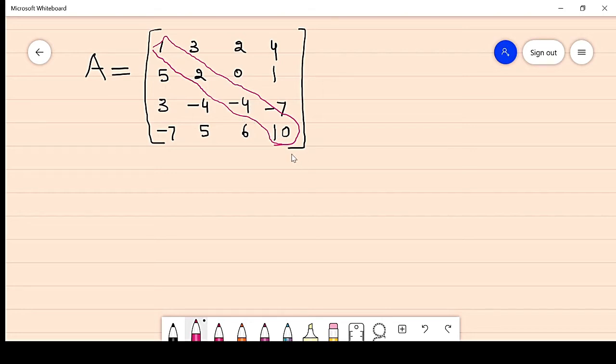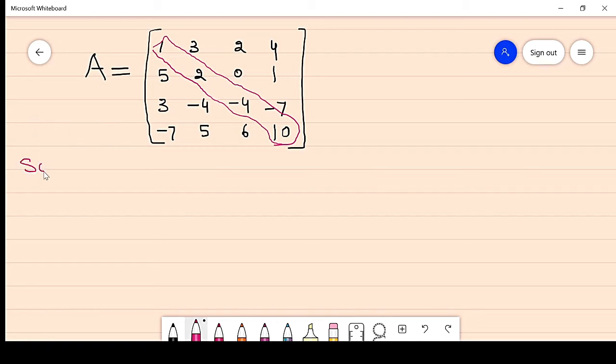When the entries below the diagonal are all 0, the matrix is in row echelon form. Here we apply only row operations. When we reduce to column echelon form, we apply only column operations.